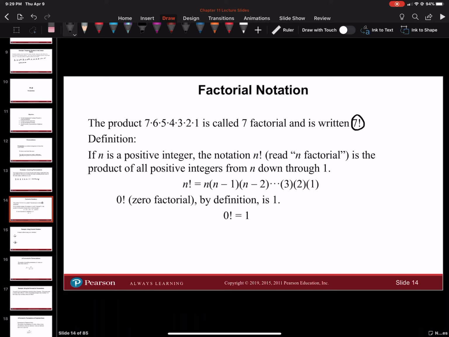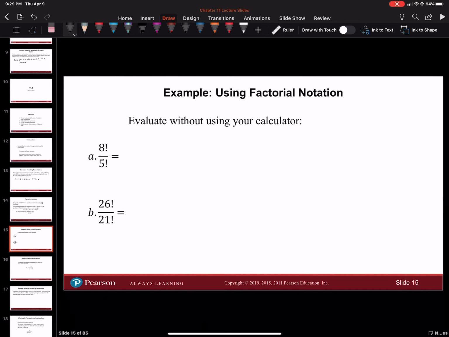So let's look at a couple of problems which we will do by hand. We've got 8 factorial over 5 factorial. This can be done in the calculator, but I'm going to show you how to do it by hand. I can reduce this. This could be 8 times 7 times 6 times 5 factorial. I stopped at 5 factorial because we're dividing by 5 factorial. Since we're dividing by 5 factorial, I can cross these 2 out because I'm dividing by 5 factorial and multiplying by 5 factorial.